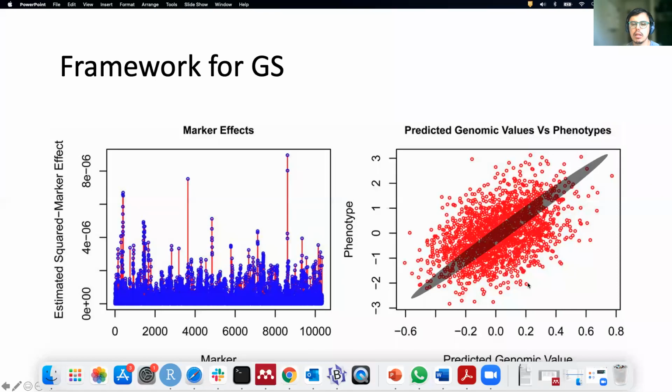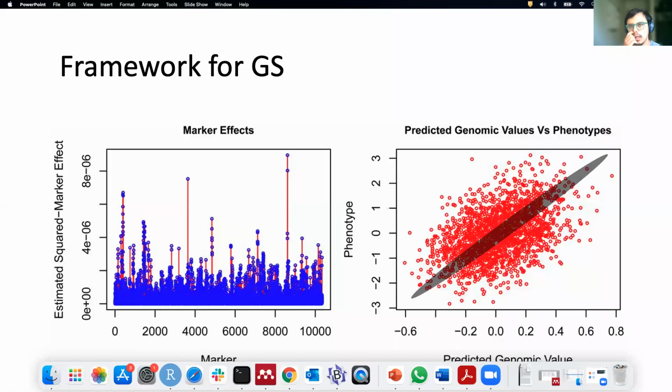But it is really difficult to have a really narrow correlation between phenotype and genomic value, like this black line that I drew here, because that means that the accuracy of the model is pretty close to 1, and that is difficult to happen because there is a lot of noise that could be in your model.